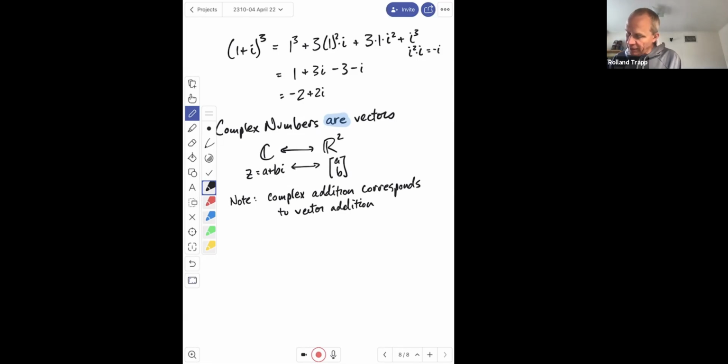What I mean by that is, suppose you have two complex numbers, z and w, where z equals a plus bi, and w in its real and imaginary parts is c plus di. I'm going to do everything in C up here and in R2 down here.